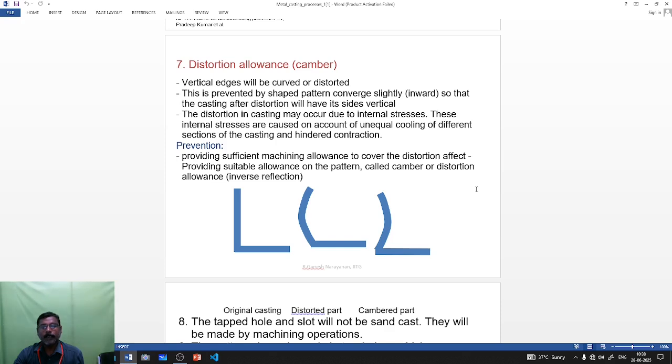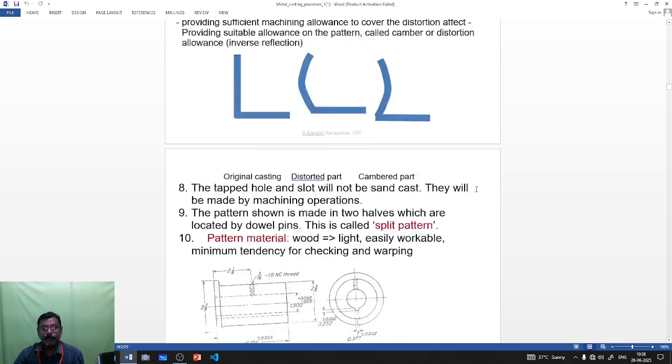These internal stresses are caused on account of cooling of different sections of the casting and contractions. So for prevention, provide sufficient machining allowance to cover the distortion effect, or provide a suitable allowance on the pattern called distortion allowance, in inverse deflections.